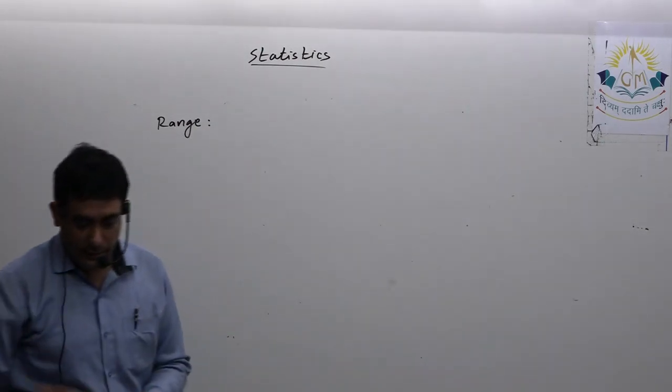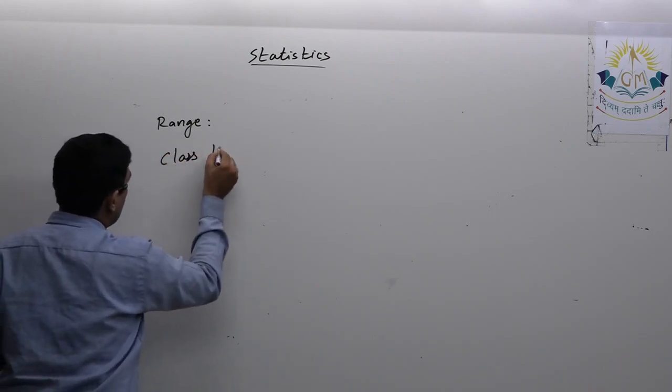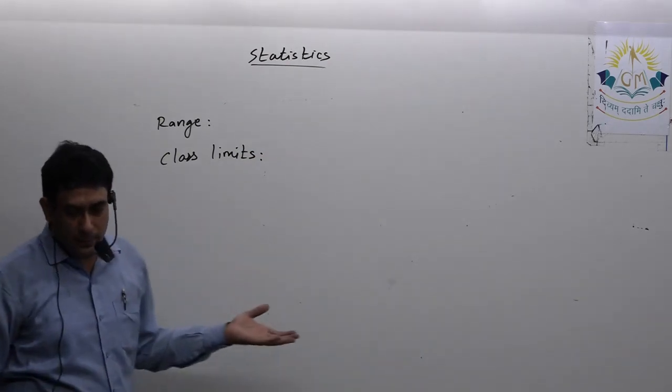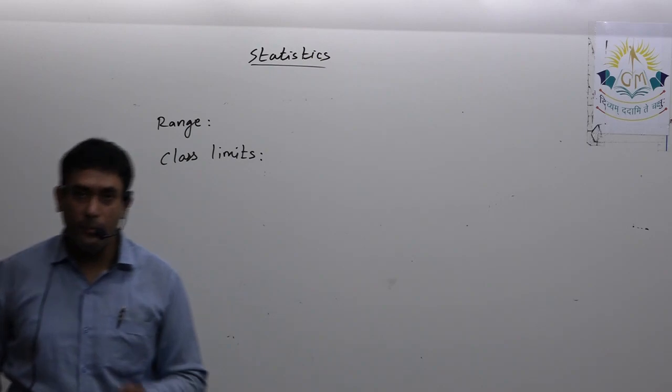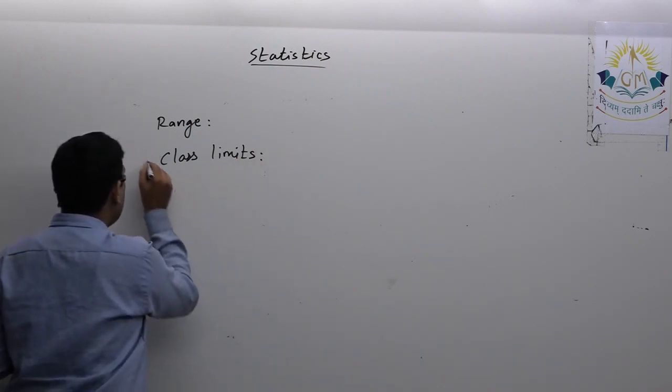Okay, after range, next is class limits. Now there are two terminologies. One is simply class limit, and another one is class boundaries, also called true class limits or actual class limits.